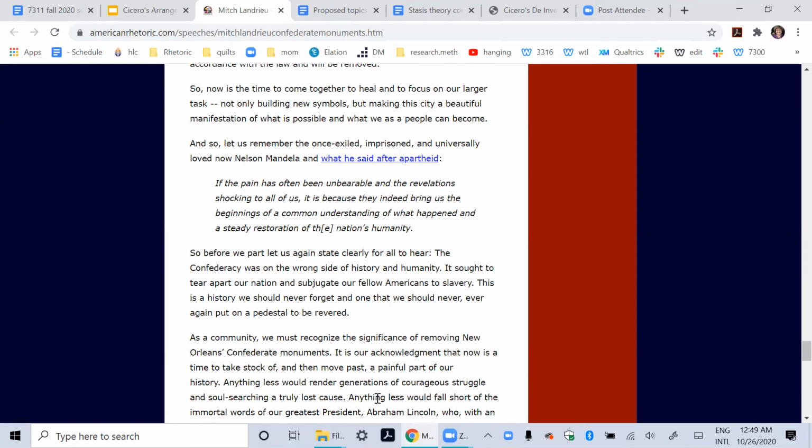an epideictic speech, a speech that is expressing the values of a community. Remember, there are three types, big, large categories. Forensic, having to do with the judicial setting. Deliberative, having to do with the political setting of what we should do now.